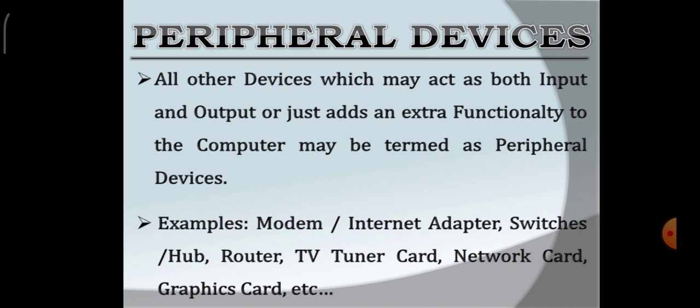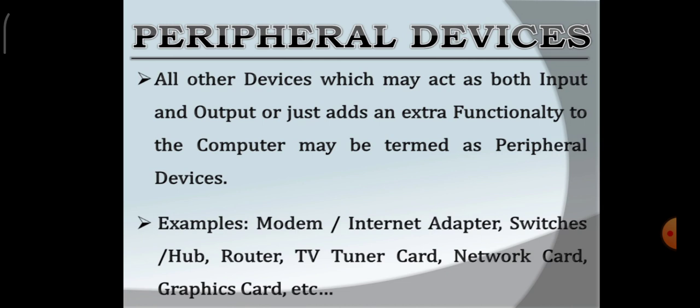Internet adapters, switches. Switches, you may see it in internet center, where you will have a lot of Ethernet cables, many green color lights will be glowing onto it, mentioning the connectivity of all the system. That is called as switch.